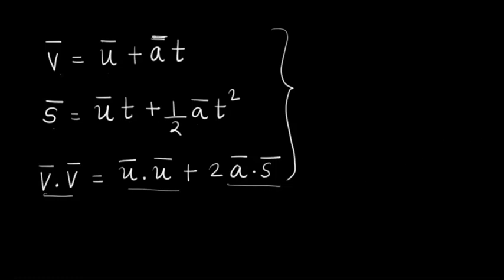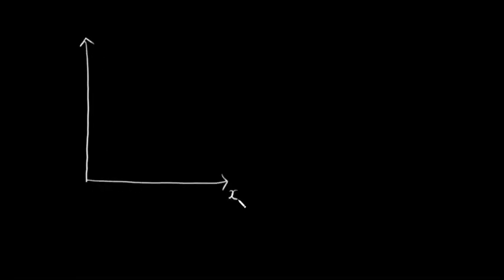Okay, so let me start with one question here. Suppose I have an object. First let me draw a reference frame so that it will be easy for us to deal with this problem. This is x and y, and I have an object which is initially at the origin (0, 0), and let's say its initial velocity is 0.